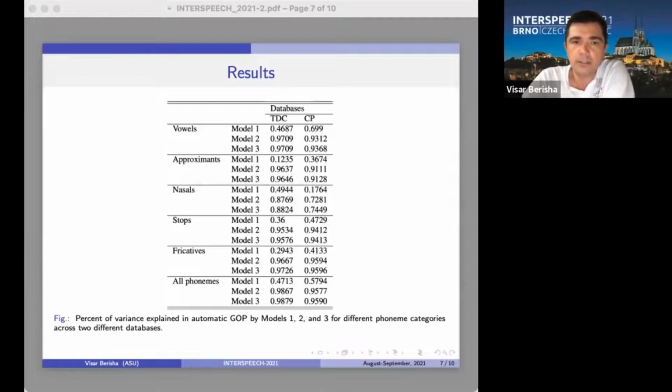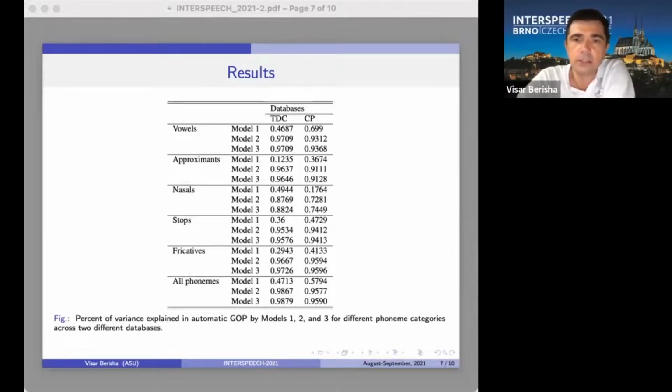The nasals themselves are interesting. The R-squared values, the percent variance explained values, are lower than all the other phonemes. And the reasoning for that, or at least our hypothesis, is that this could be due to the inherent variability in the data, as the sample size for nasals was considerably lower than it was for all the other phoneme categories in this set of speech elicitation tests.